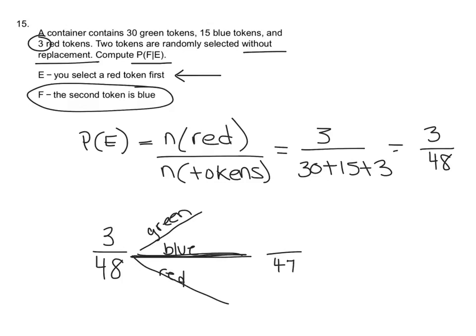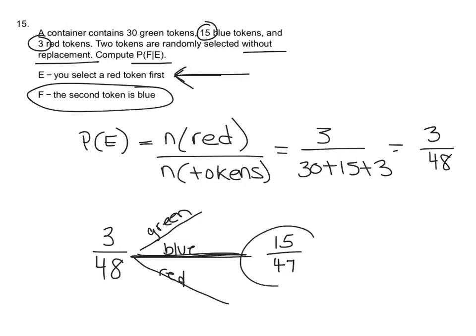My numerator is the number of blue tokens that are left. And since I selected a red token on my first selection, that means that all the blue tokens should still be in the container. So there are 15 blue tokens left. So my probability is 15 over 47.